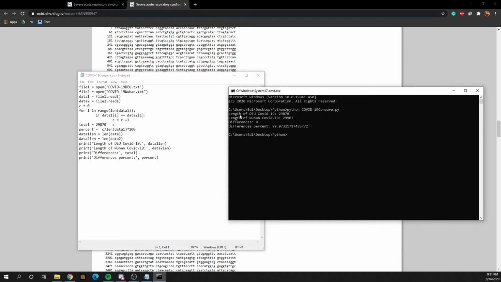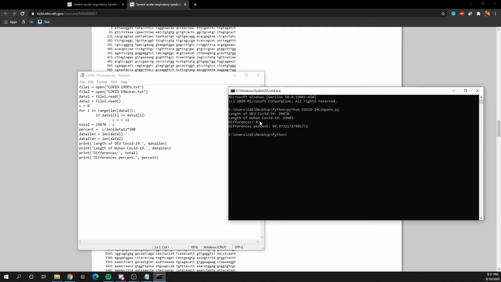Okay, so the length of the first one, which is how many letters there are, is 29,870 genes. And the other one from Wuhan, December, is 29,903 genes.